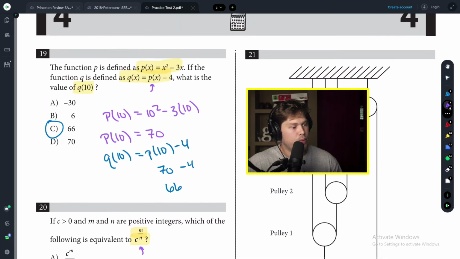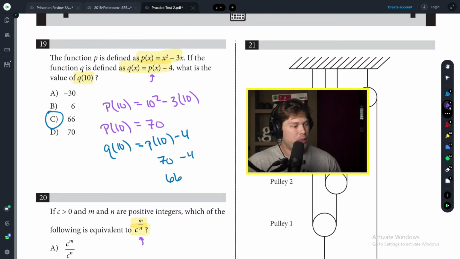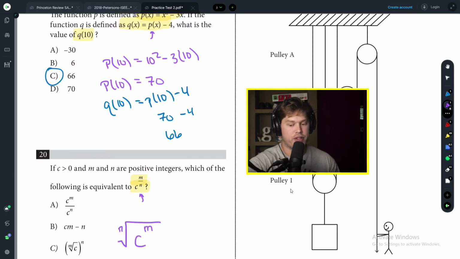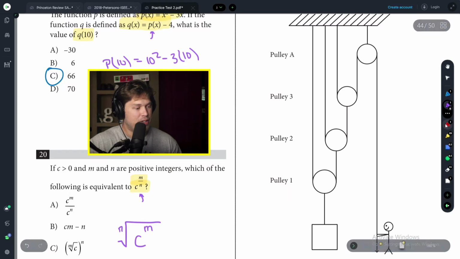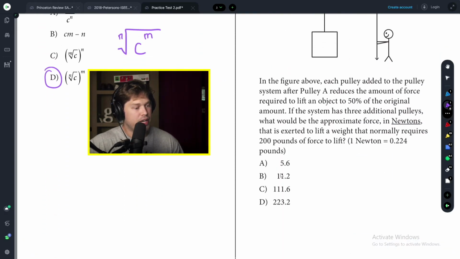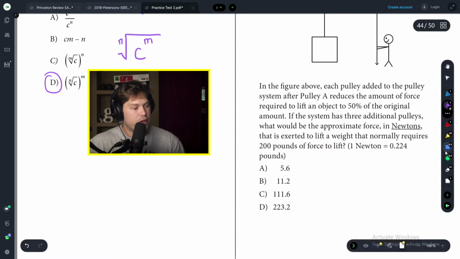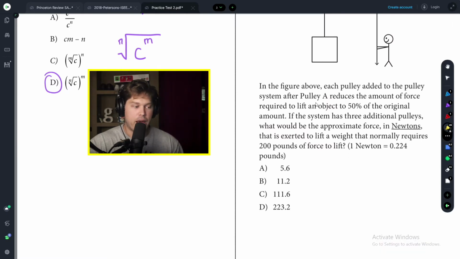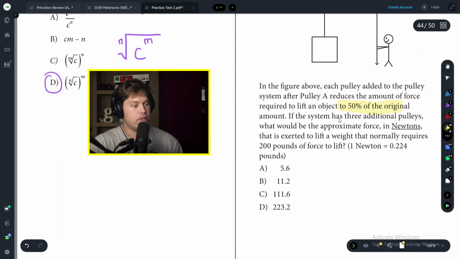Excellent. Number 21. Number 21, we have this pulley problem. I actually released a short of me solving this problem, so if you saw that, let me know down in the comments below. But let's go ahead and solve this problem again right now. So in the figure above, each pulley added to the pulley system after pulley A reduces the amount of force required to lift an object to 50% of its original amount.